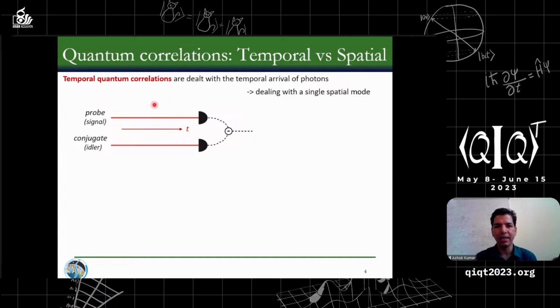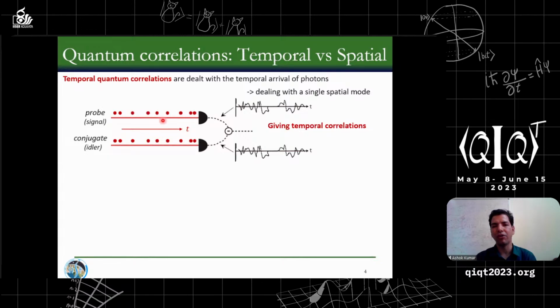Let's say you have a source that creates a pair of photons, and then you detect these photons with detectors, let's say single photon detectors. What you are interested in those studies is the arrival time of photons. Basically, you get time series data of how photons arrive at different times, and what their correlations are over time. That kind of study gives you temporal correlation.